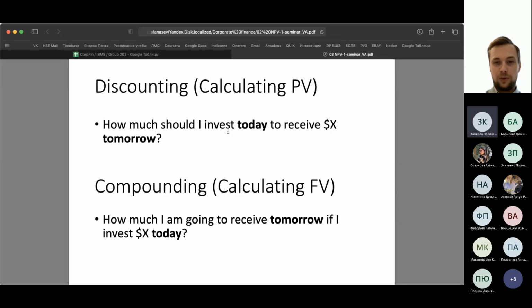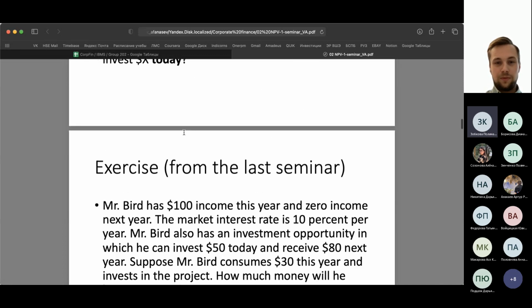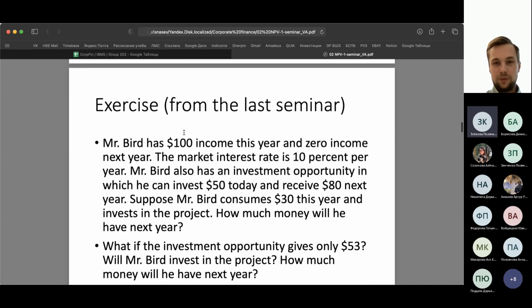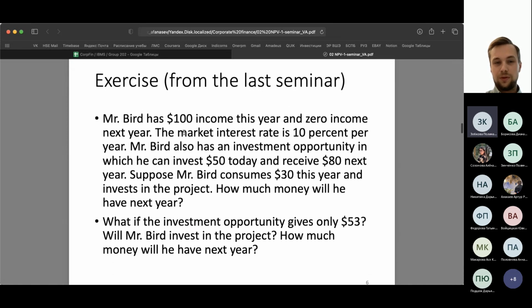I will send you this slide, and you can use these questions if you are not sure whether you should use discounting or compounding, present value or future value.